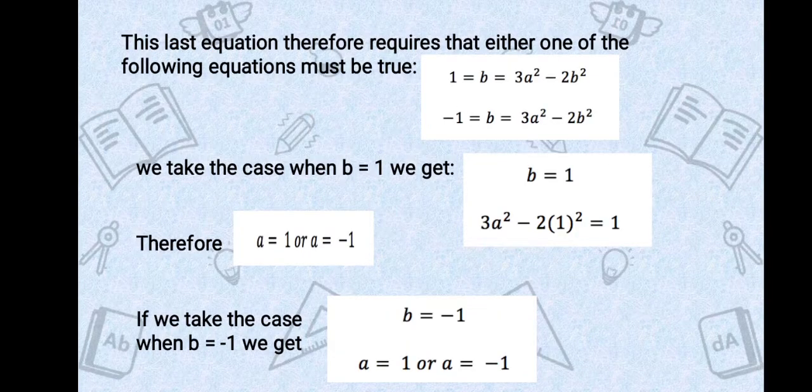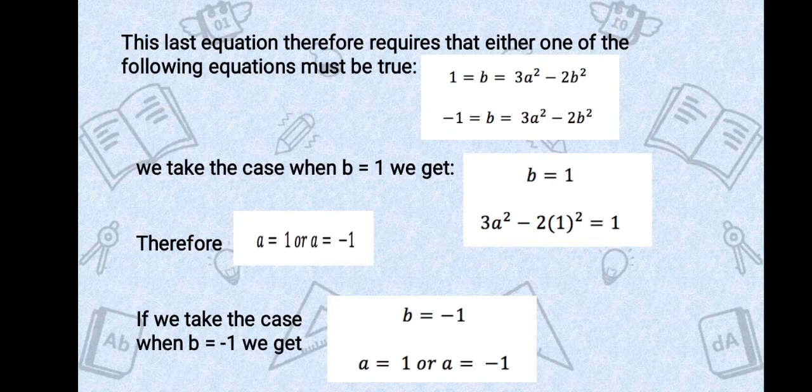This last equation therefore requires that one of the following equations must be true. We take the case when b is equal to 1, and we get 3a squared minus 2 times b squared equals 1. Therefore, a is equal to 1 or a is equal to negative 1.